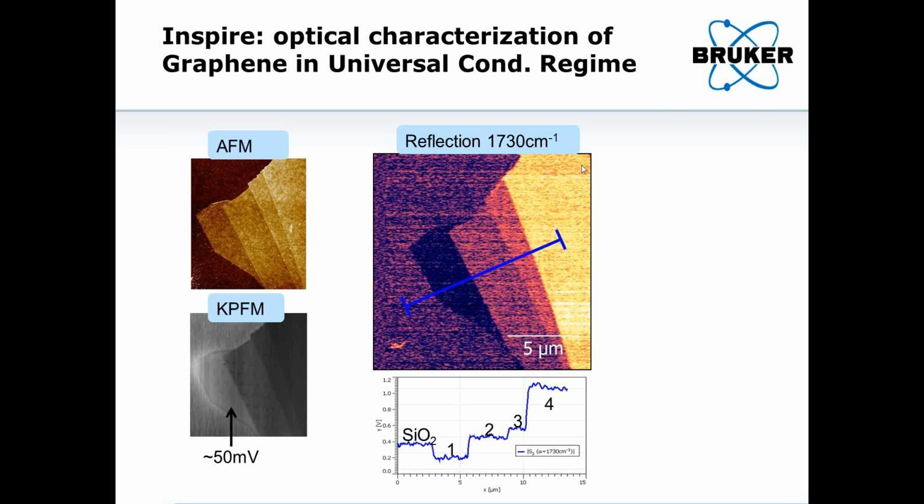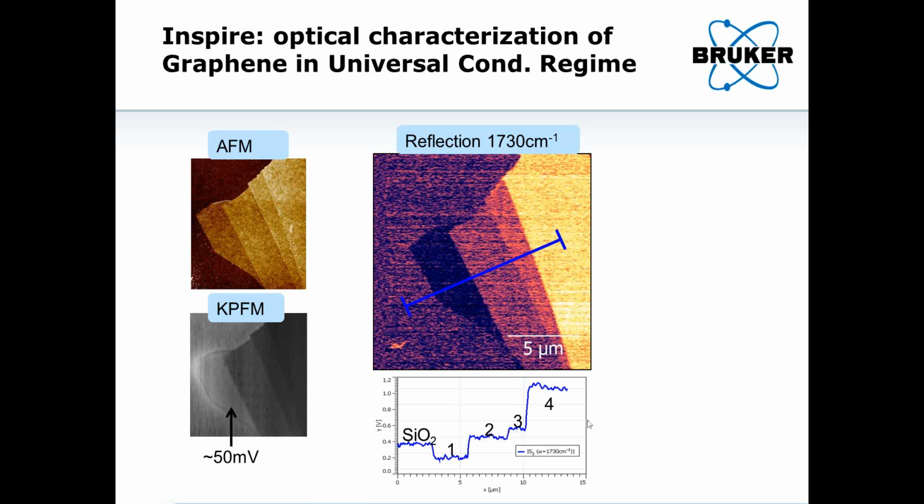And the infrared reflection image we obtained on this sample is very interesting because we can clearly discern the individual layers. We can see that the single layer has a clear contrast with the SiO2 substrate, and the successive layers also have very discernible contrasts relative to each other.